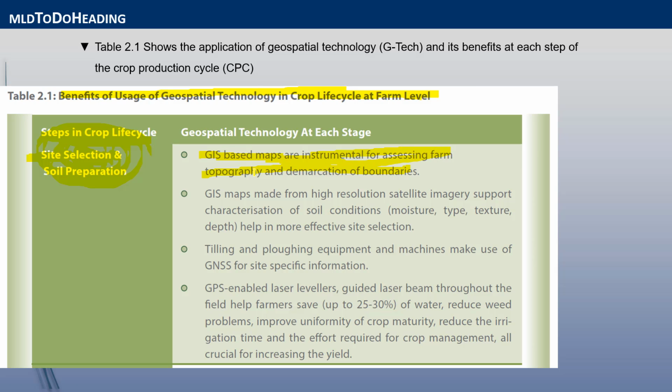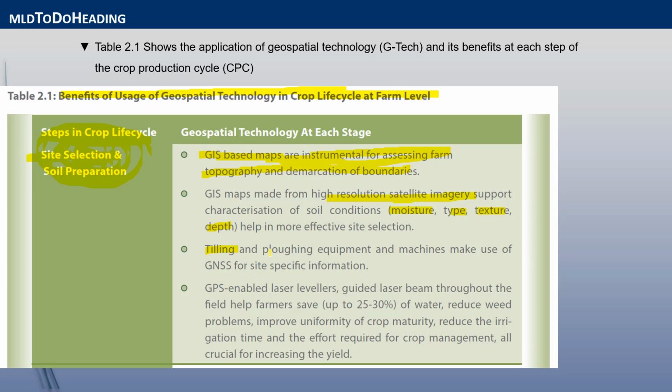With the help of these maps we can assess the farm topography and also outline the boundaries. And second, we can capture the moisture level, texture and type of soil with the help of high resolution imagery collected by geospatial technology.